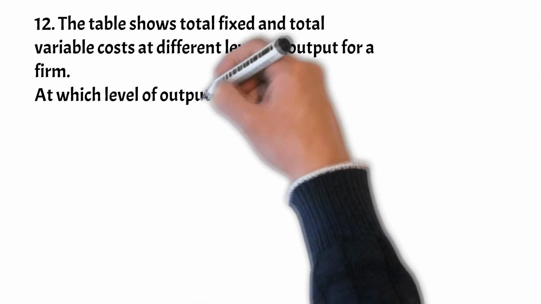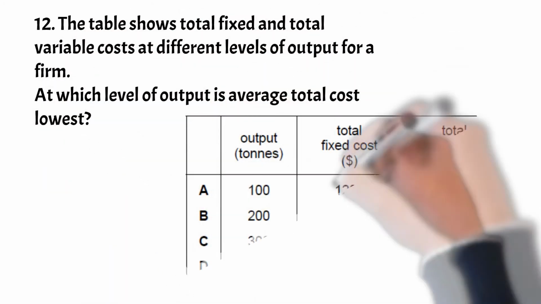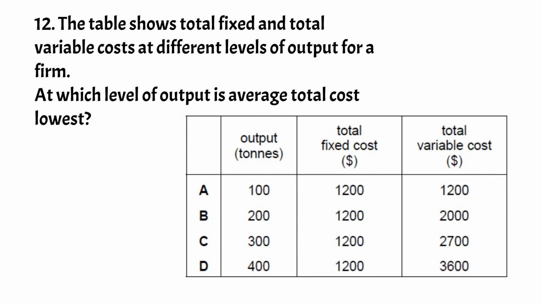Question 12. The table shows total fixed and total variable costs at different levels of output for a firm. At which level of output is the average total cost lowest? A. Output 100 tons, total fixed cost $1,200, total variable cost $1,200.